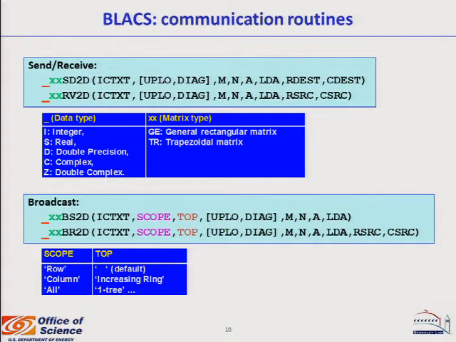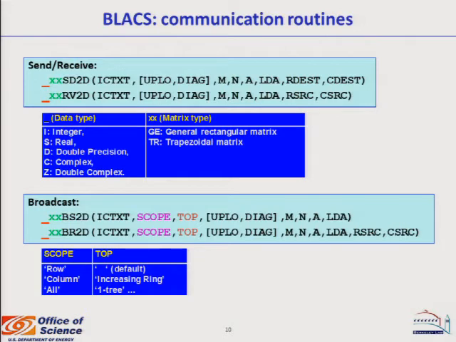The underscore there in red could be replaced in the actual function by an I, S, D, C, or Z, meaning integer, real, double precision, complex, or double complex for that particular function.